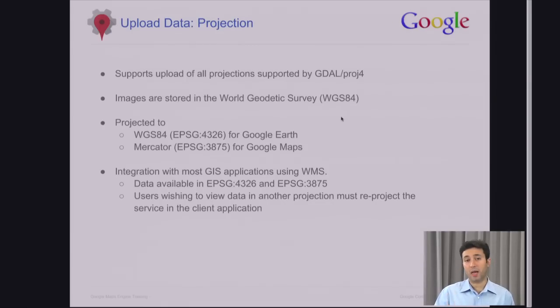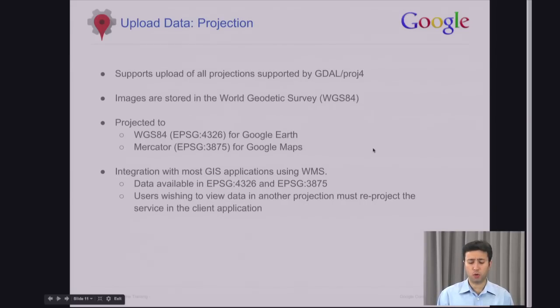Also, as you add these data sources to layers and ultimately share them out through the map, on their way out, depending on how you view them, they will either be reprojected to WGS84 when using Google Earth Client or the Earth plugin, for example, so basically 3D, or they'll be projected to the Mercator projection when you view them overlaid on top of 2D map.